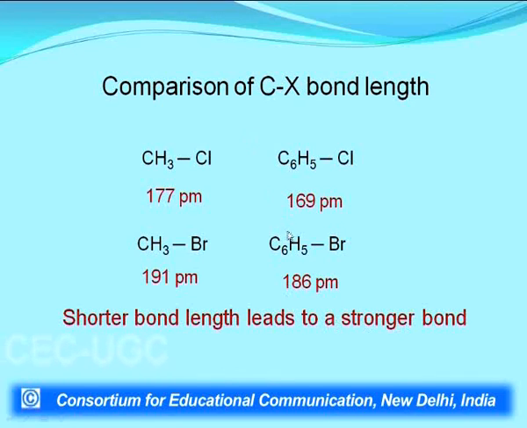It means that all these factors make the carbon-halogen bond in aryl halides a bit stronger, and this may be one of the factors responsible for the drastic conditions required for the replacement of these halogens from aryl halides.